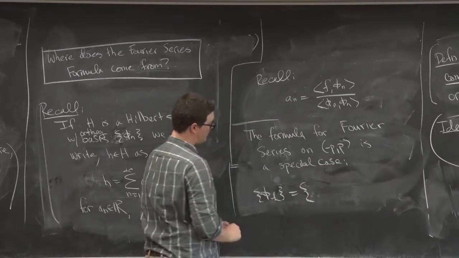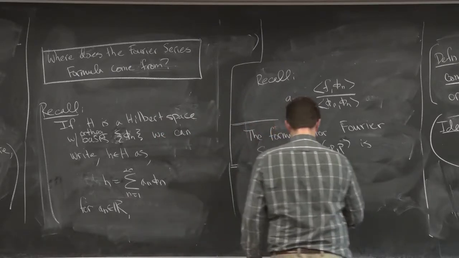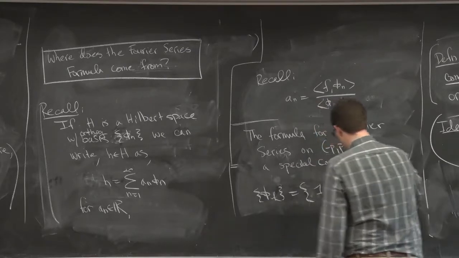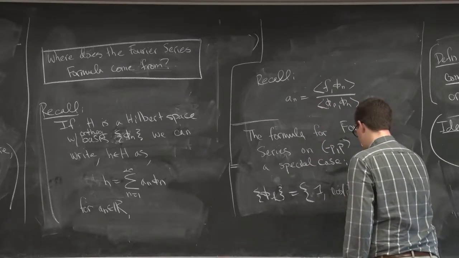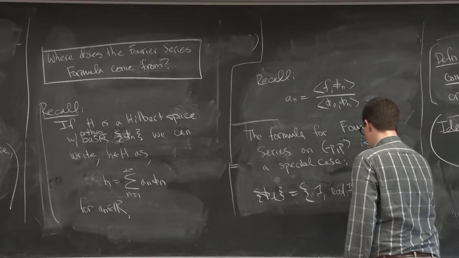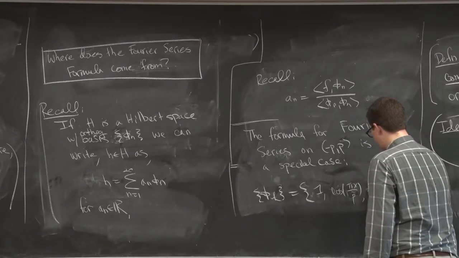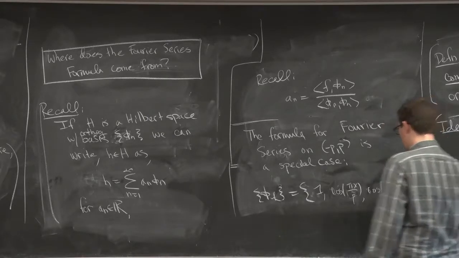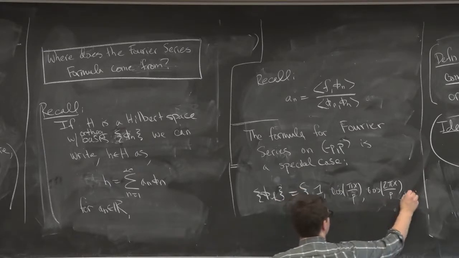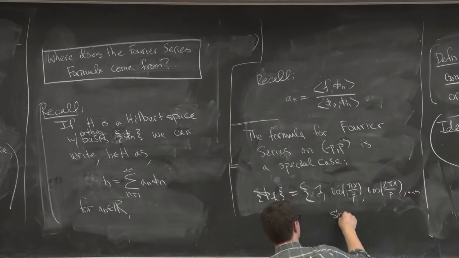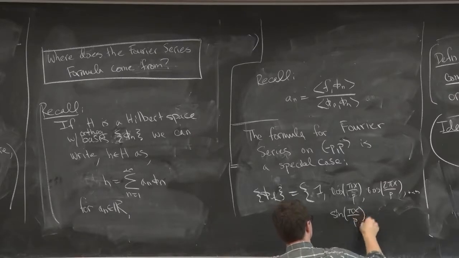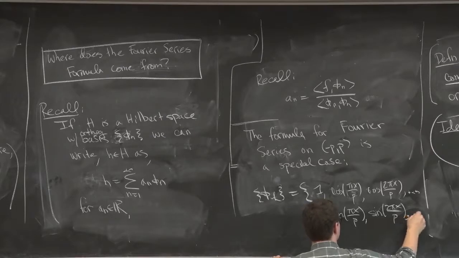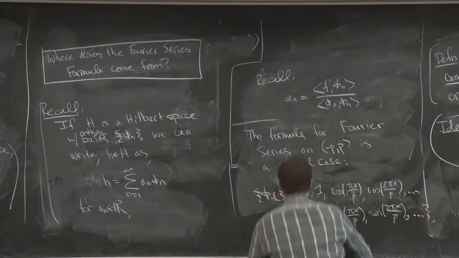This is the set where I'm going to write down this basis: 1, cosine pi x over p, cosine 2 pi x over p, and this keeps going, and then we also have sine pi x over p, sine 2 pi x over p, dot, dot, dot, like so.